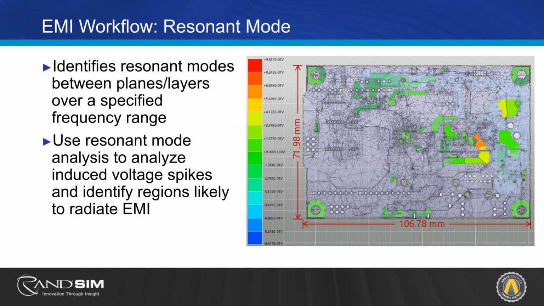And then the next step further that you can take this, and what I suggest is you stay primarily in the induced voltage and resonant mode region. It's the fastest. This simulates in minutes.